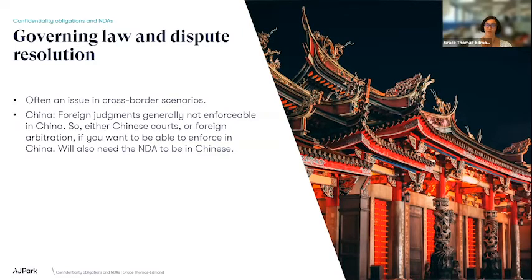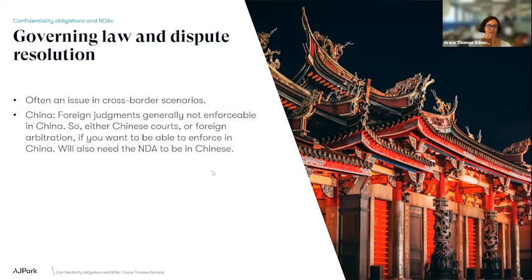So we would often go with the laws of England and Wales and arbitration in Hong Kong or Singapore, or even Singaporean law and arbitration in Singapore. The good thing about arbitration in either of those places is that you can get a decision in Mandarin, and so that's a lot easier to enforce in China.